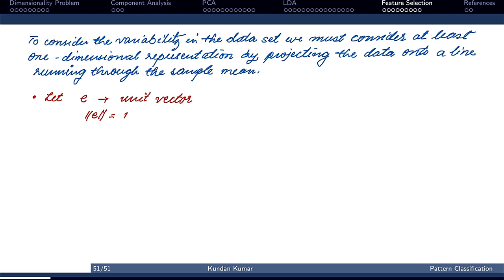This unit vector is in the direction of the line. That means this line is basically the one dimensional representation. So let us draw some data, then it will be clear to visualize it.